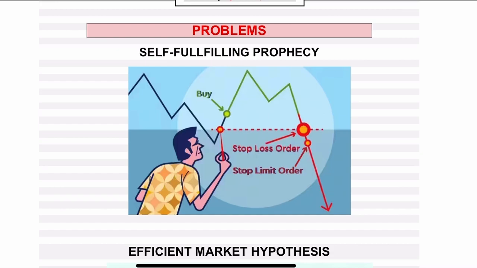They want to prevent losses, and tons of traders all put in their stop losses around that same level. Well, when it gets down to that level, that triggers their stop losses, and that triggers more stop losses, and it triggers more stop losses, and that's what pushes the price down.